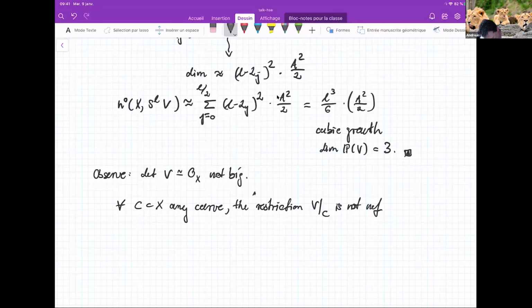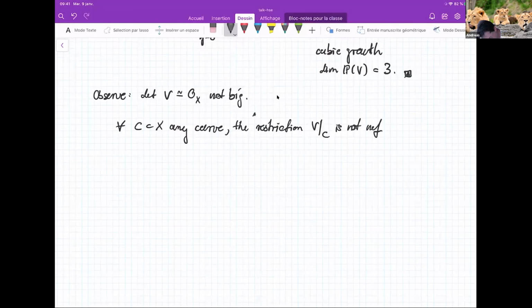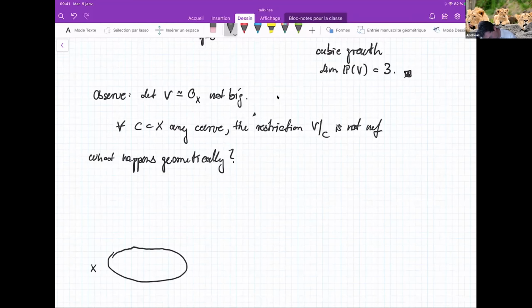Now let's try to find a geometric explanation for these observations. So what happens geometrically? You have your surface X, and over the surface you have P of V, your threefold, which is a P1 bundle over your surface.